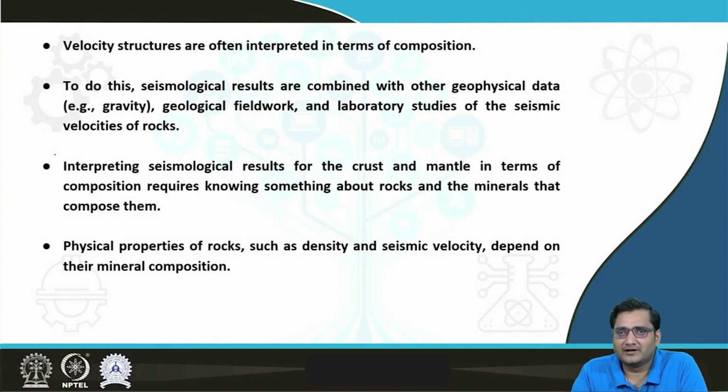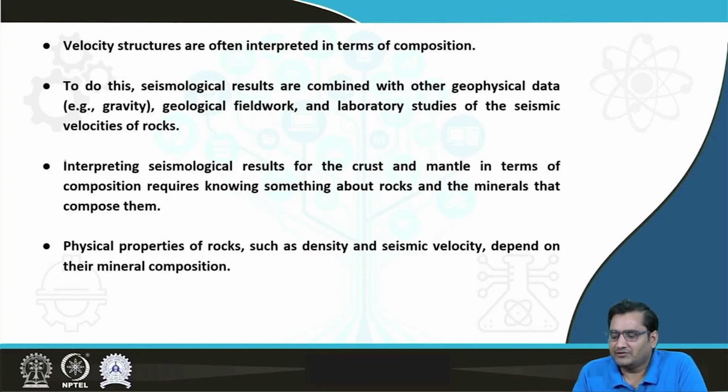If we have velocity variations, density variations, elastic property variations, we can generally correlate those variations with a specific type of mineral composition, and then also identify the chemical compositions of the material in which those velocity and density variations are occurring in the rocks. For this purpose, seismology alone is not sufficient, you can also integrate various other techniques in order to find out a detailed view of the velocities in the rock.